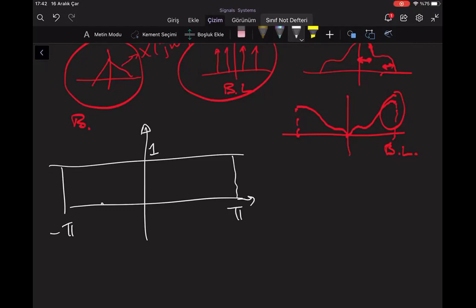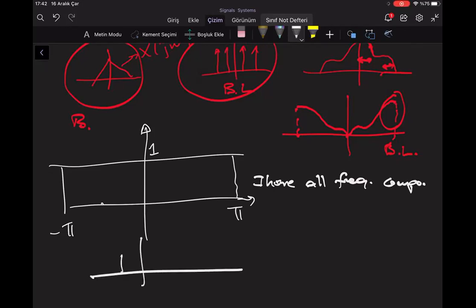This is not a band-limited signal because I have all frequency components. Is this a band-limited signal? Yes, because my frequencies in my signal are limited here. But here, all frequency components.